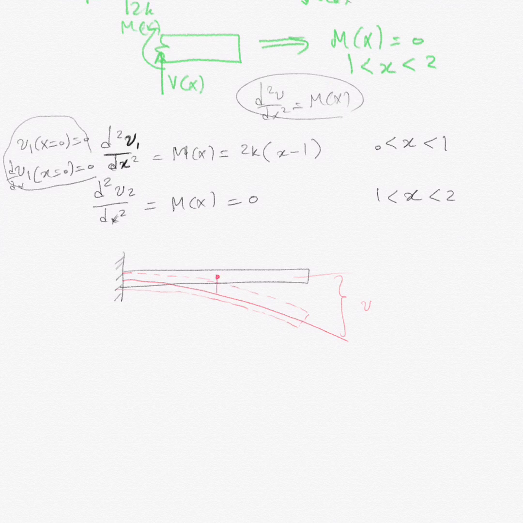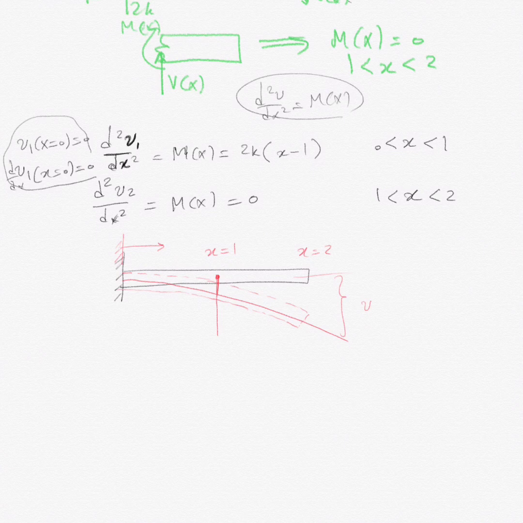What can I say about point x equal to 1? If you take x from left, then 1 is here, x equal to 2 is right here. What can I say about point x equal to 1?